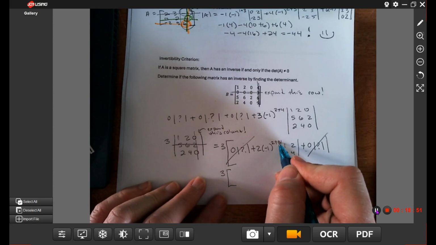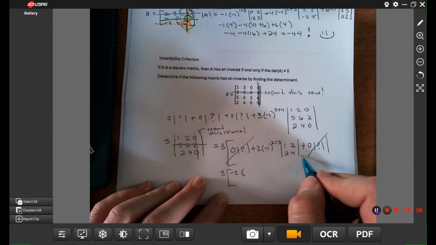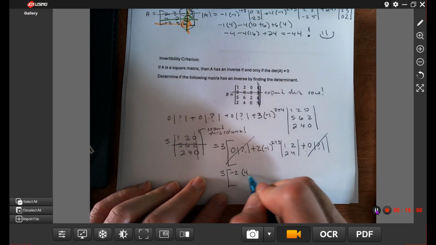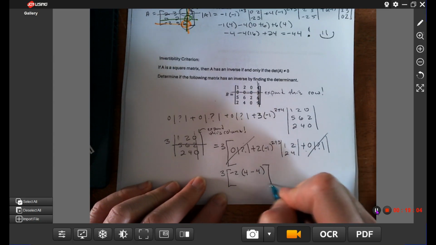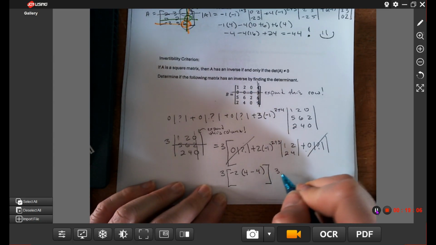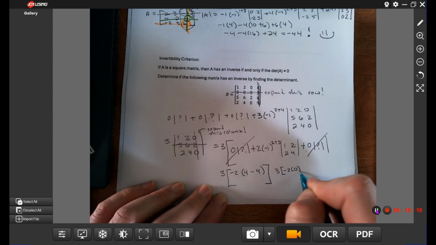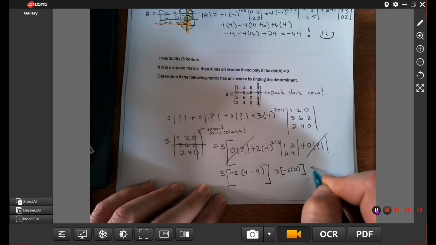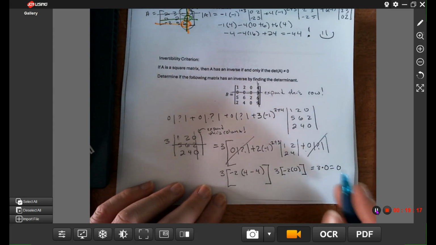Negative 1 to an odd exponent is negative, so this is going to be negative 2. And then this determinant is 1 times 4, which is 4, minus 2 times 2, which is 4, so 0. All right, so I have 3 times negative 2 times 0. That would be 0.